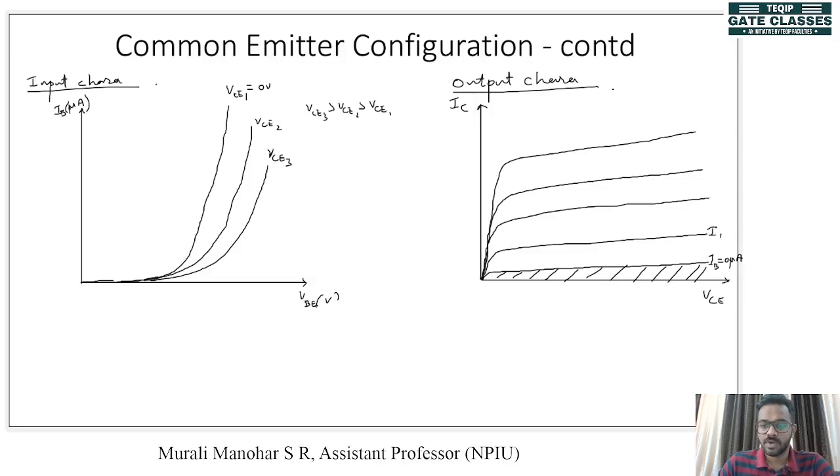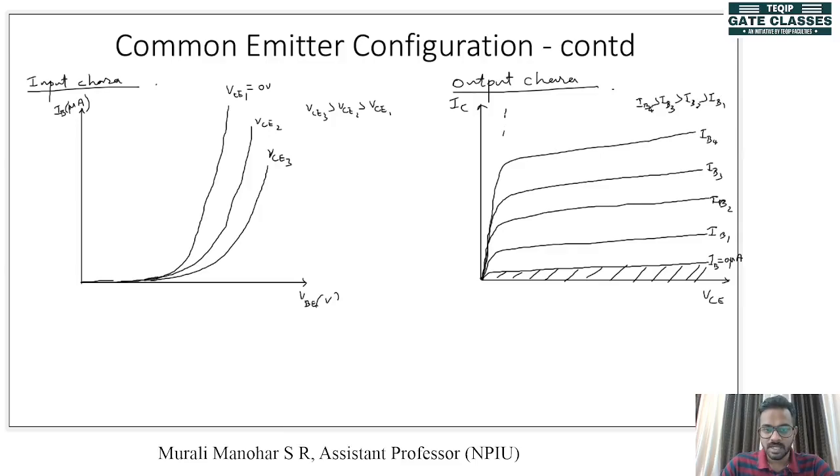So this is for IB1, IB2, IB3, IB4, where IB4 is the highest current, then IB3, IB2 and IB1. Okay, so this is the output characteristics for common emitter configuration.